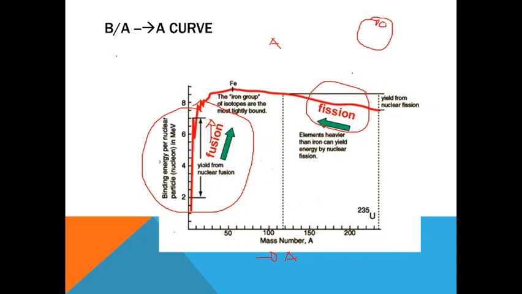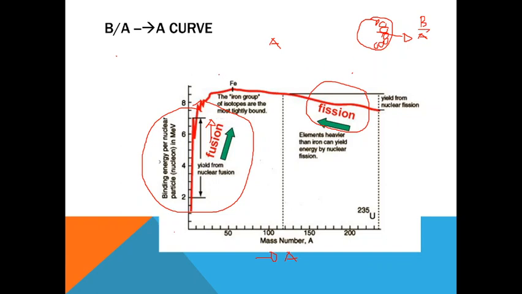The proton number being more, the Coulombian repulsion is so large that the stability is reduced. Stability is reduced means the chances of decay increase. The chances of decay increase means the B by A value is less. B by A value is a measure of binding. B by A value is less means the binding is less. So that is the reason: Coulombian repulsion.